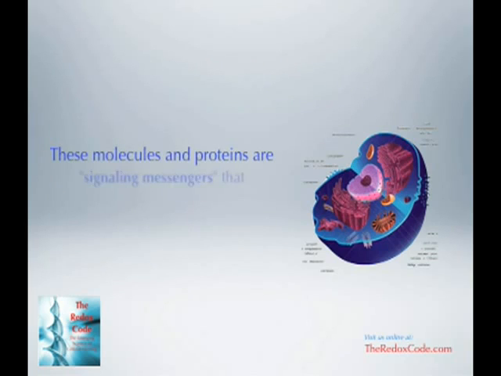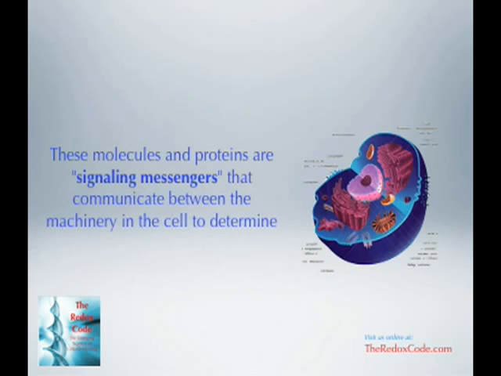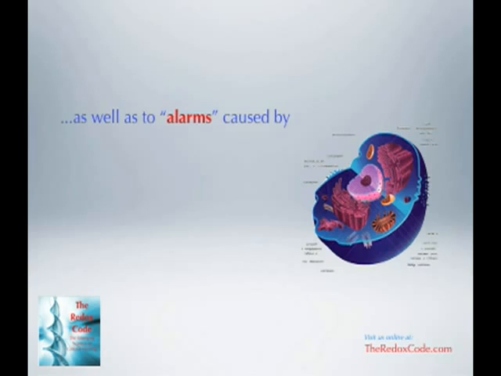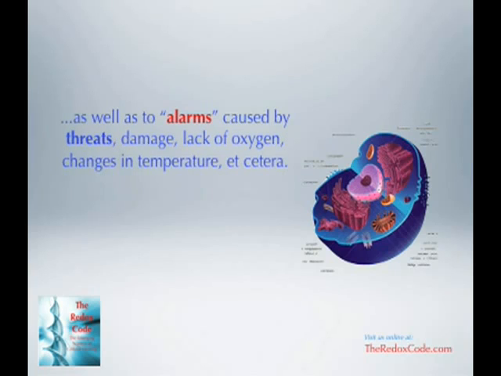These molecules and proteins are signaling messengers that communicate between the machinery in the cell to determine how the cell operates and how it responds to normal changes in the environment, as well as to alarms that are caused by threats, damage, lack of oxygen, changes in temperature, etc.